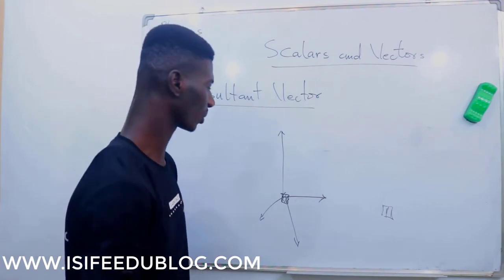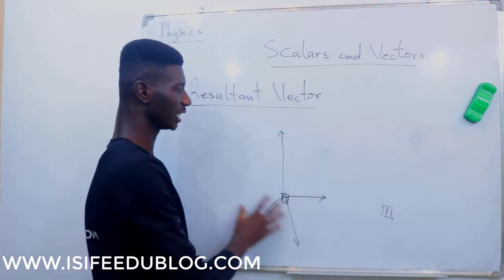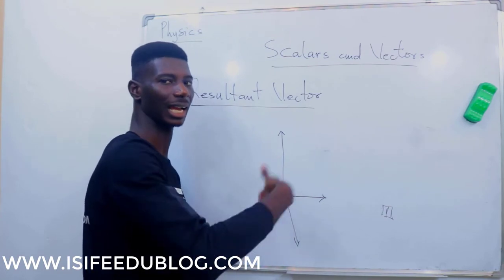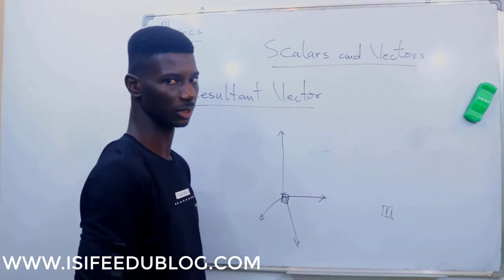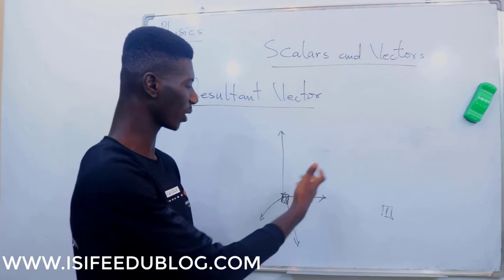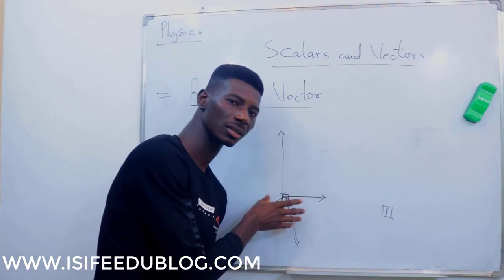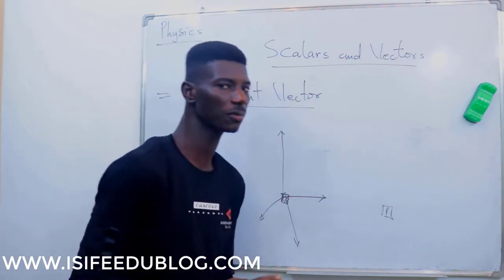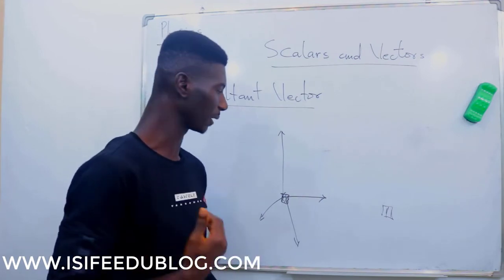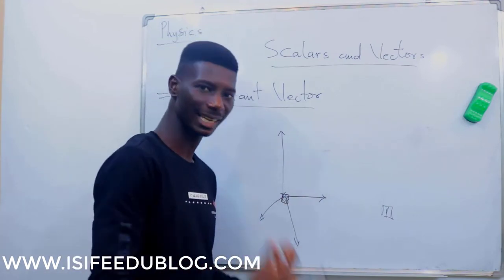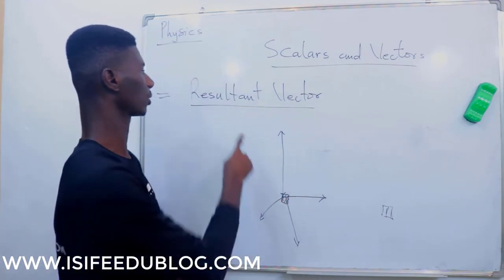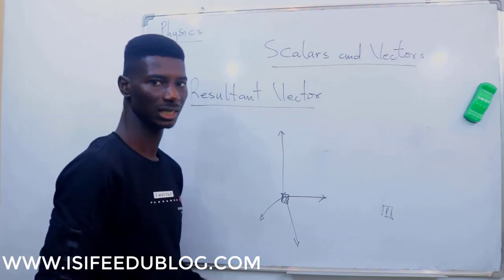These 4 persons are referred to as the different vectors. So we have more than one vector acting at a particular point, but if we can get a single vector that can have the same effect in magnitude and direction, that single vector is called a resultant vector.